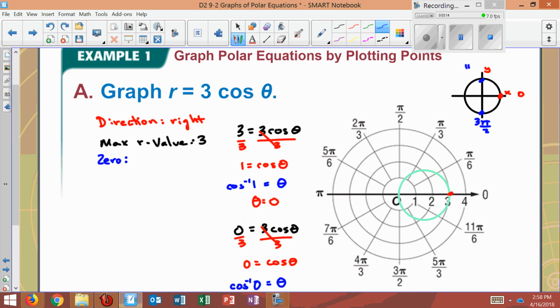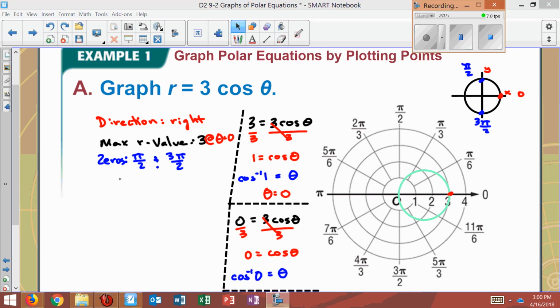This spot is pi over 2. So the zeros, there's 2 of them, occur at pi over 2 and 3 pi over 2. And the maximum occurs at 0. I'll put theta equals 0 so we don't get mixed up.